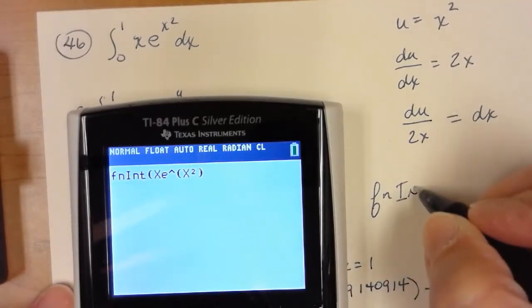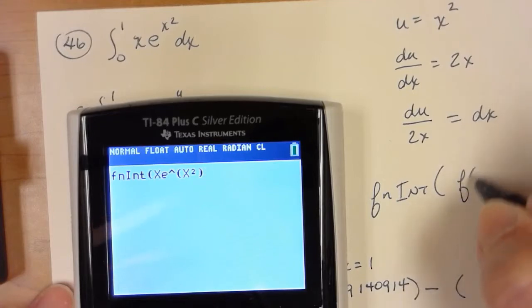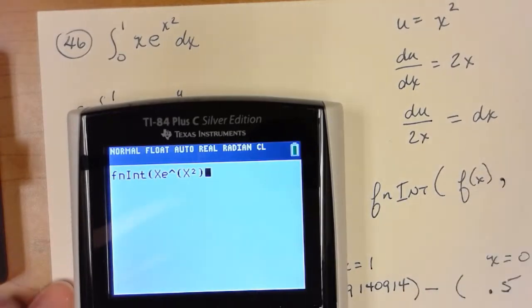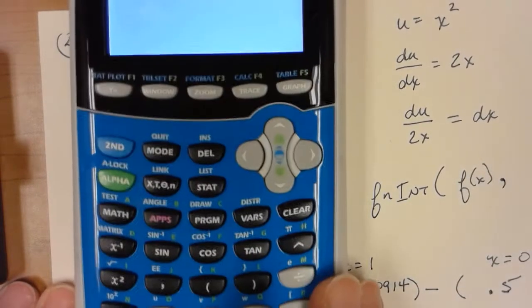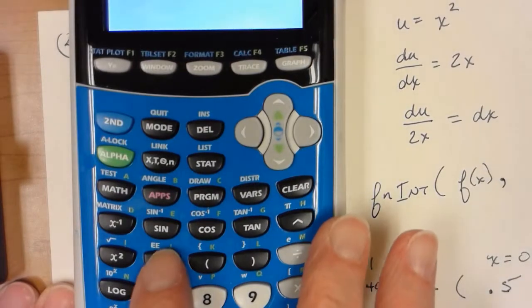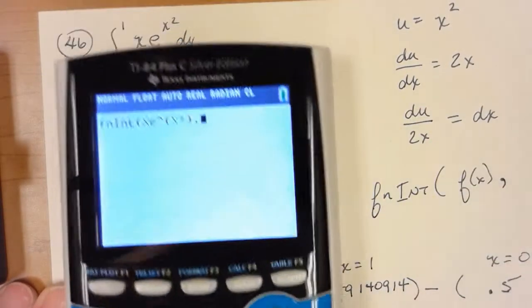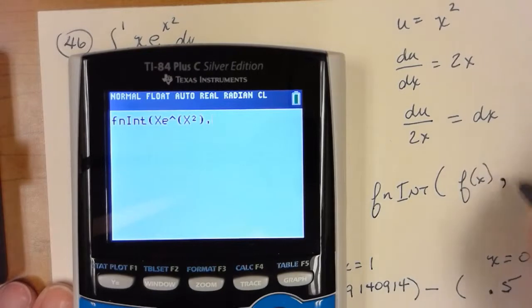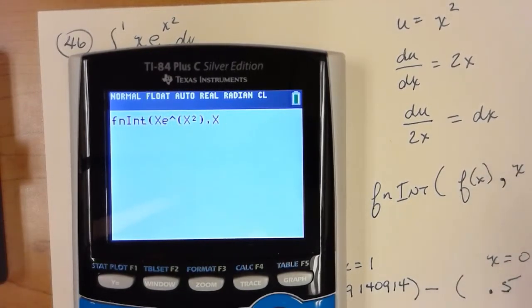Function, integrate. You type in your function, comma. The comma is right above the 7. So I press comma. Then I type in an x. That's indicating what the independent variable is. Another comma.